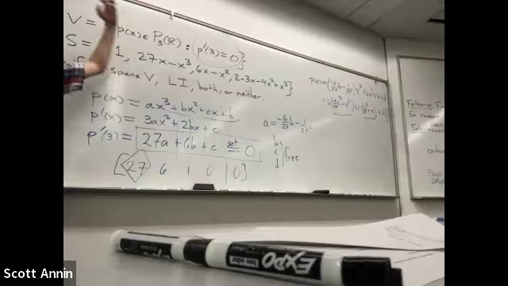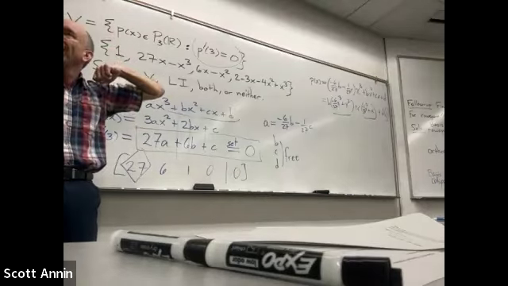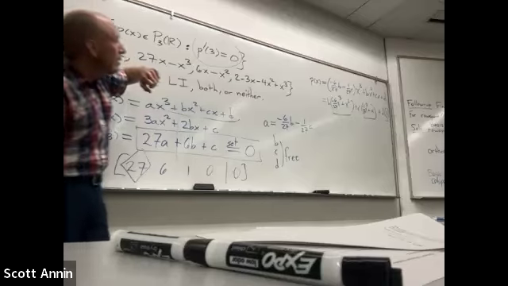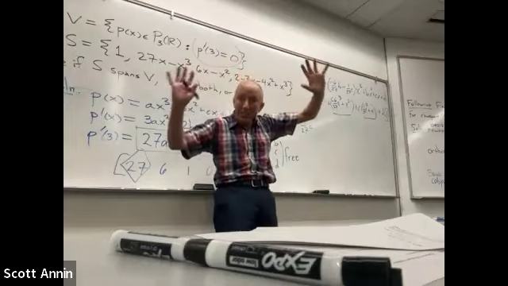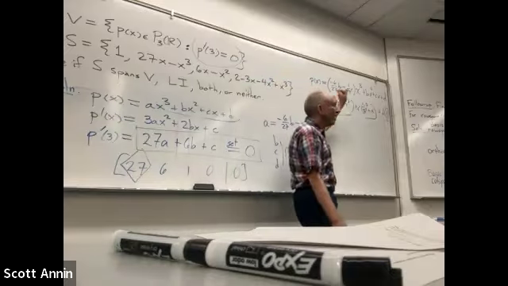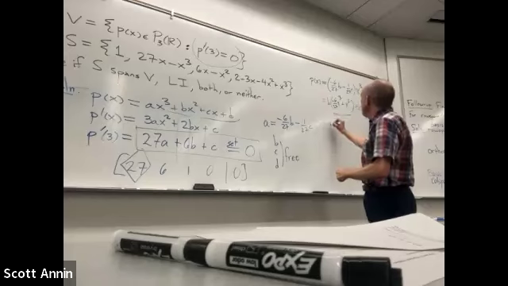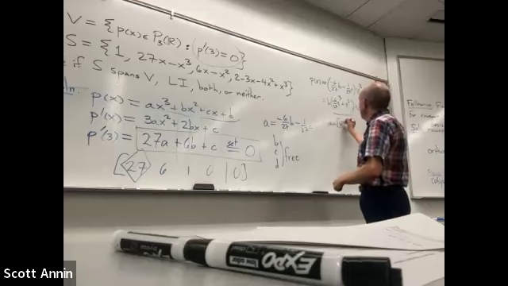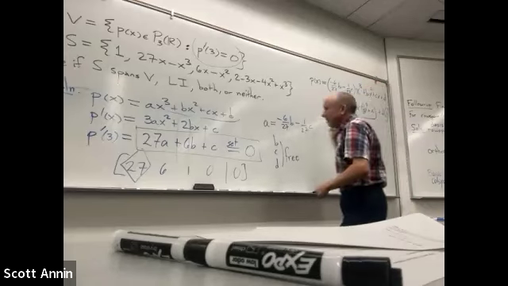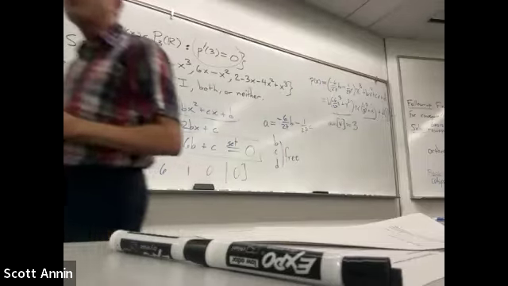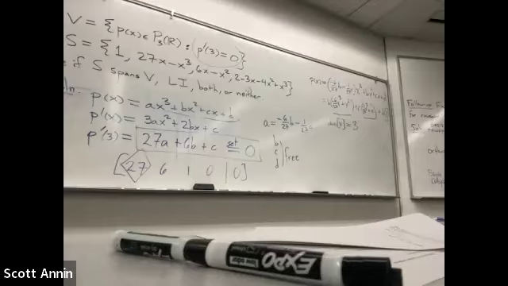But my actual vector space V is not the whole P3 of R. It's only the subspace of P3 of R consisting of these polynomials. And so the dimension of V is only 3.